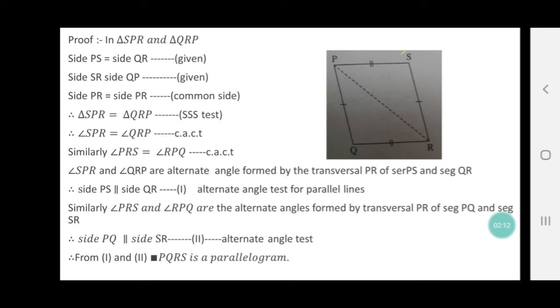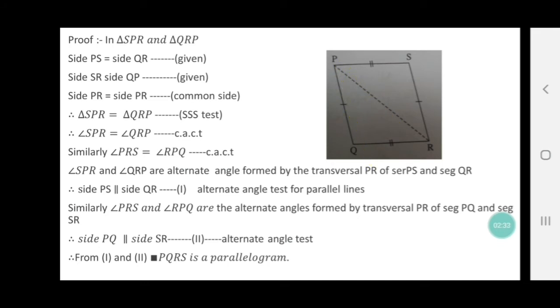Okay, as they are congruent, now we move on to the next part of it. That is angle SPR will be equal to angle PRQ. Okay, now here similarly angle PRS is equal to angle RPQ.